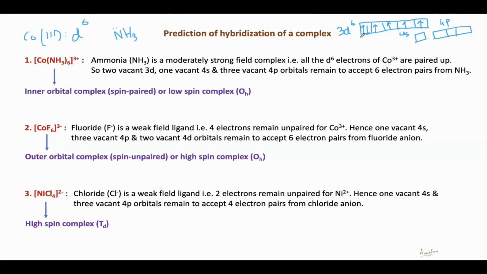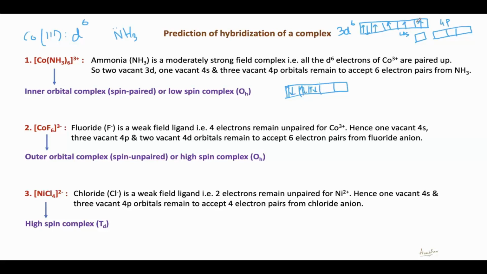We are having this 3d6 kind of electronic configuration and we have these 4 unpaired electrons. Now in presence of the ammonia ligands, which are moderately strong field ligands, these 4 electrons will be paired up. So we will have this 3d6 as 3 pairs.